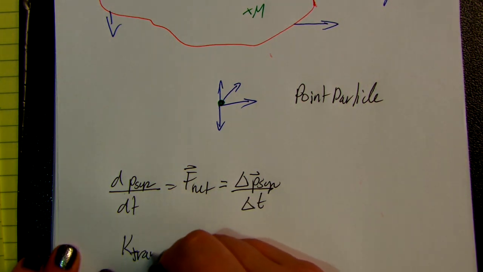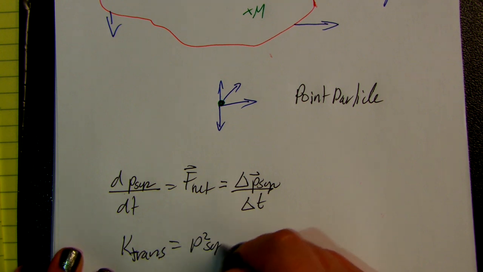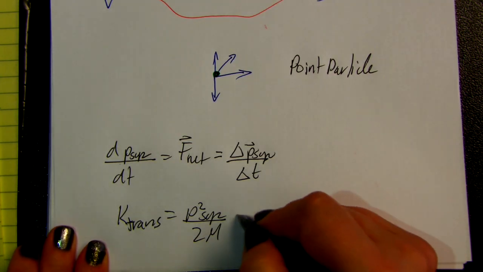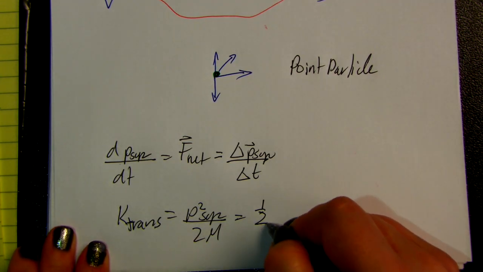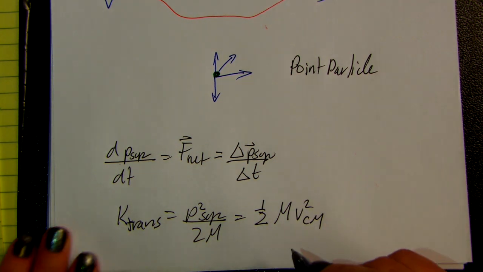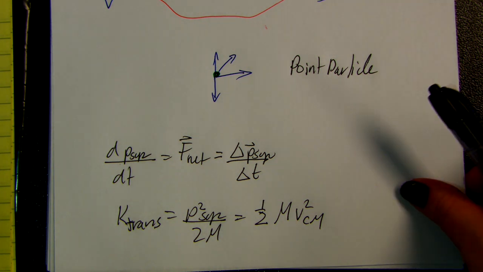Translational kinetic energy, which is the movement of the center of mass, is equal to the momentum of the system squared divided by 2 times the total mass, which is equal to 1/2 mv squared, where we're looking at the velocity of the center of mass. So we're starting to see how we can bring the energy principle and momentum principle together to learn more about a particular system.